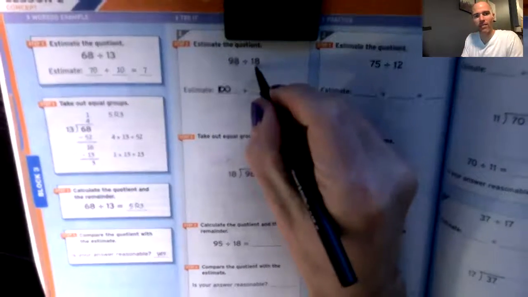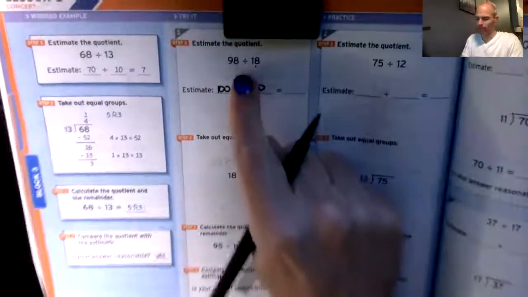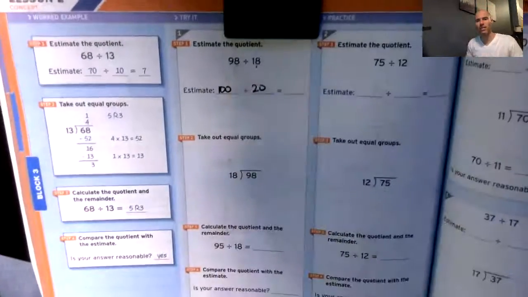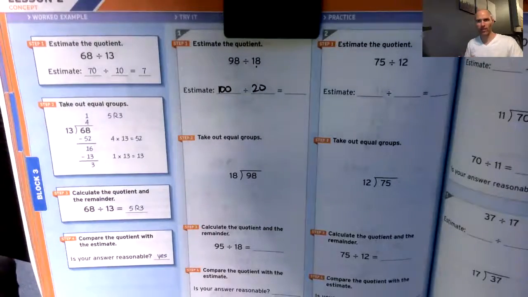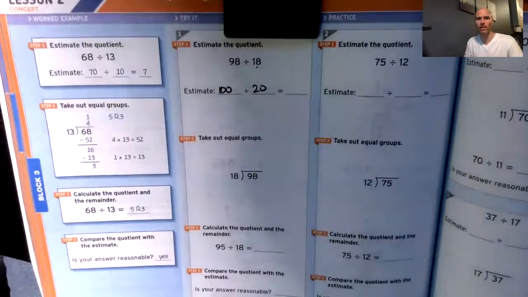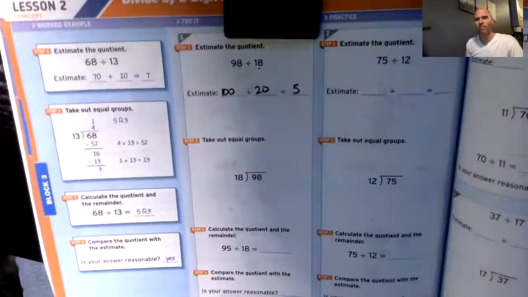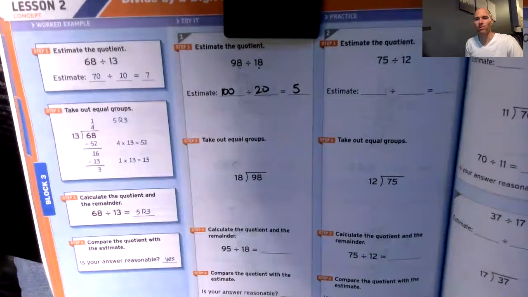And then this 18, that's really close to 20. So let's round that. And so we might not be able to do 98 divided by 18 really quickly or easily in our head, but we should be at the point to where we can do 100 divided by 20 relatively quickly and easily in our head. And that's going to be 5. So our answer should be somewhere in the neighborhood of 5.